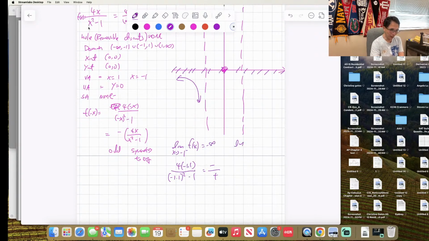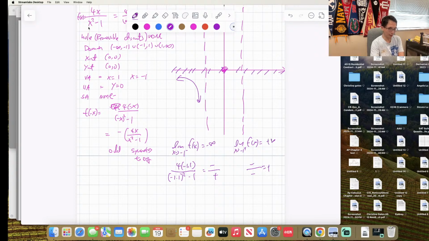What happens when the limit as x approaches negative 1 from the right? What happens? This one is still negative over, negative 0.9 squared is going to be positive, less than 1. So it'll be negative over negative, so it's equal to positive.